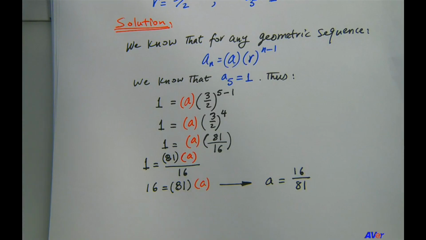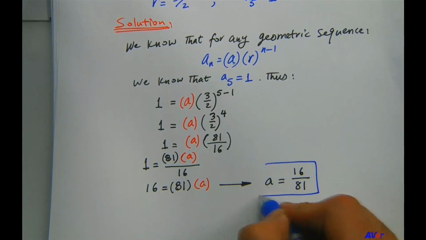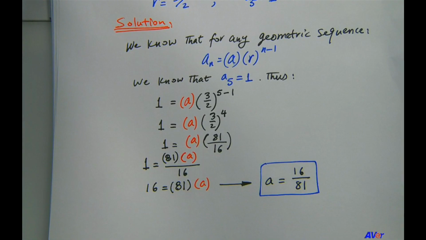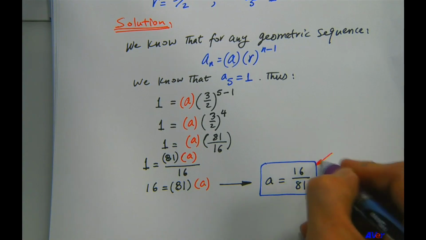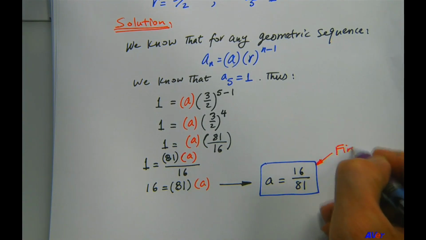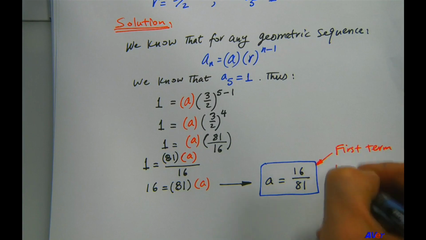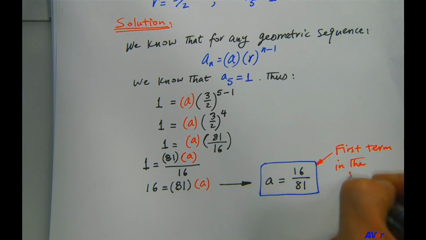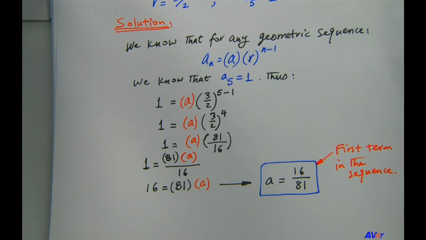We would simplify this if we could, but 16 and 81 do not have any common factors. So we'll leave it like that. So that's the first term in this sequence. Or you can call it A1 if you like.